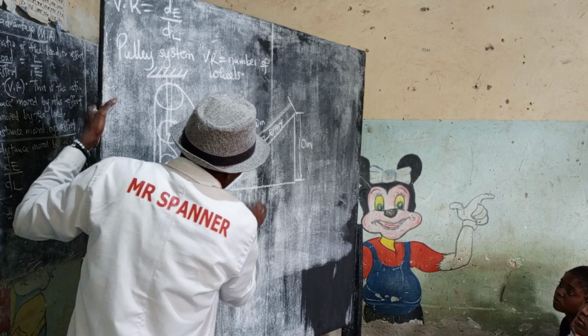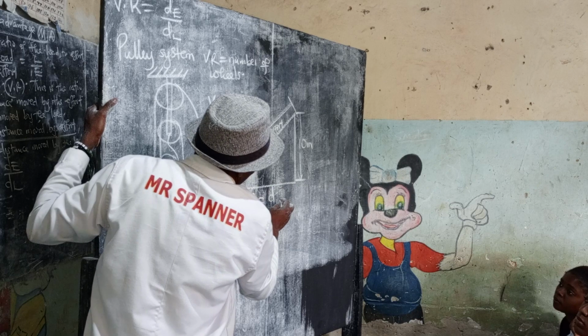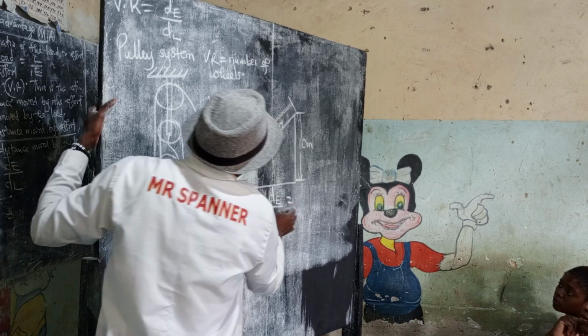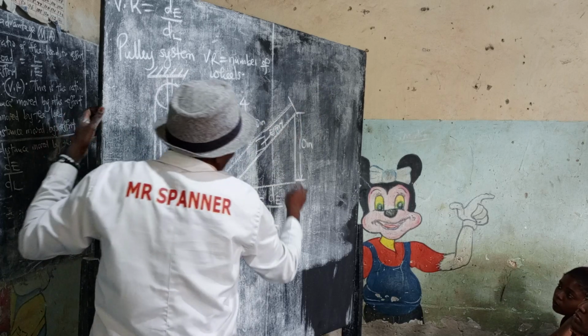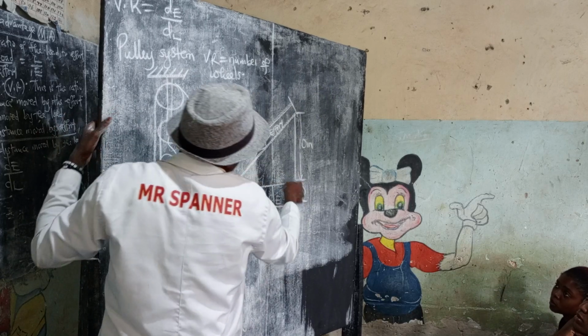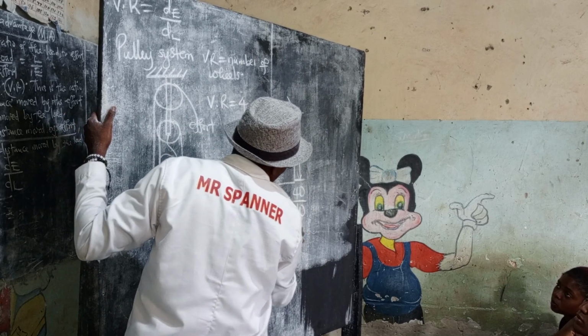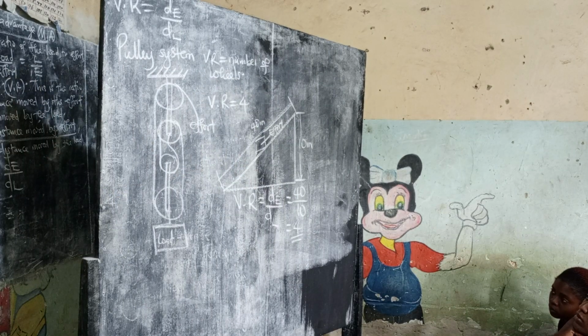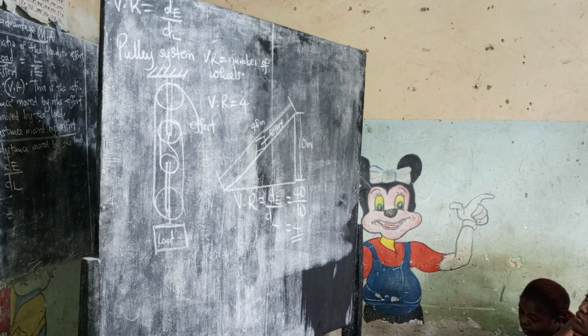VR is equal to distance moved by the effort over distance moved by the load. The distance of the effort is 40, over the distance of the load, 10, which means you get 4. Again, it's just a number, so we're not going to have units like 4 meters.